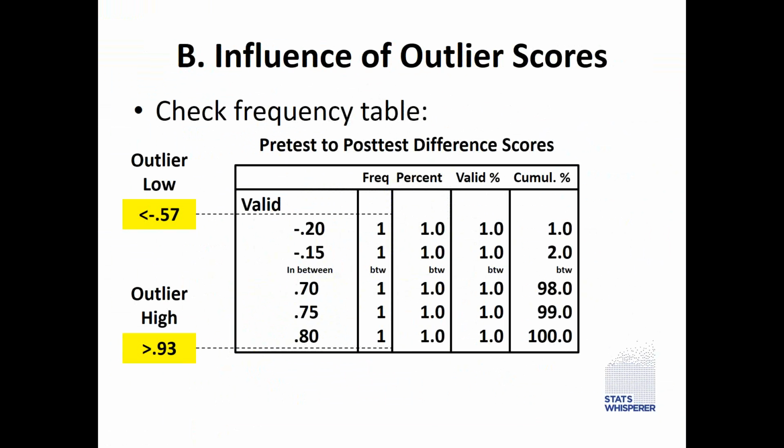So nobody got even close to a change from pre to post of negative 0.57. The lowest was negative 0.20, so no outlier there. And then the high outliers, 0.93 and above: the highest change from pre to post was 0.80. So there are no actual outliers in this distribution.